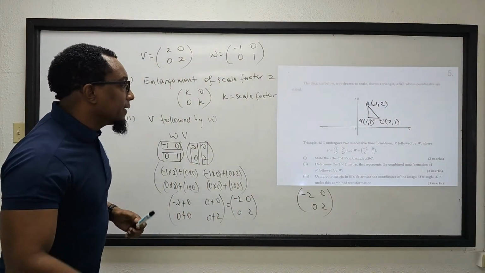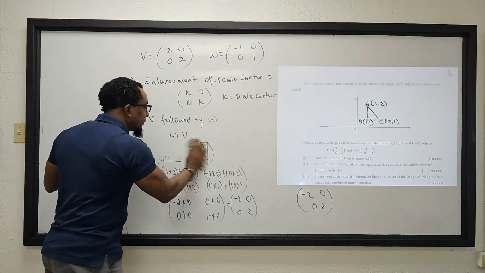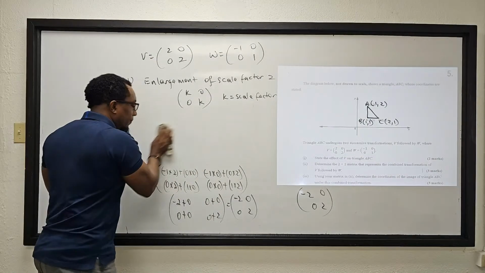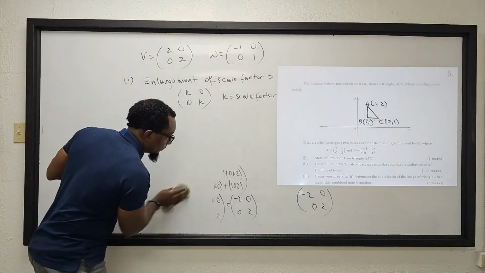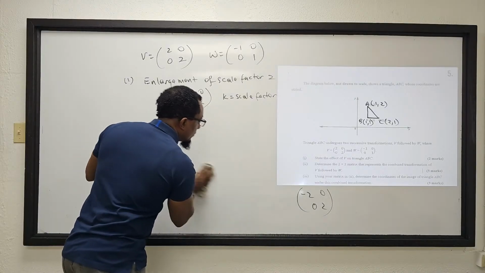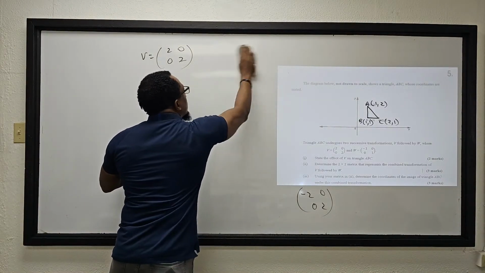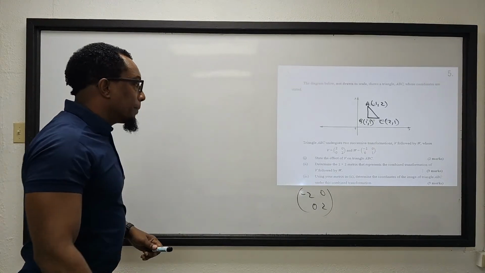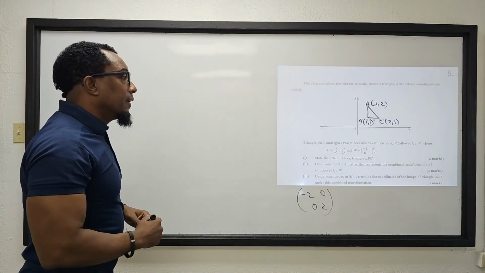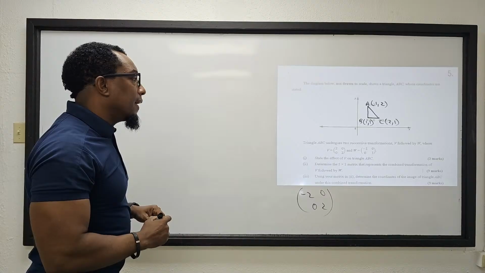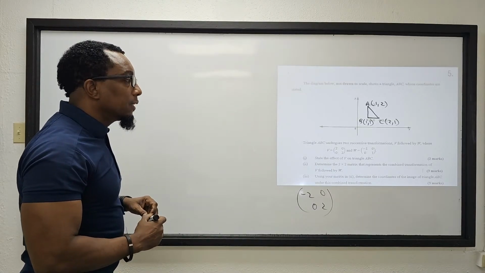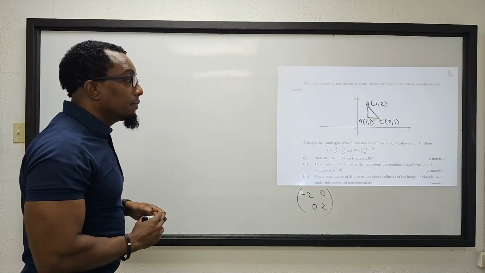Alright? And let us now look at part 3. They want us to take the combined transformation and determine what are the image points of ABC.